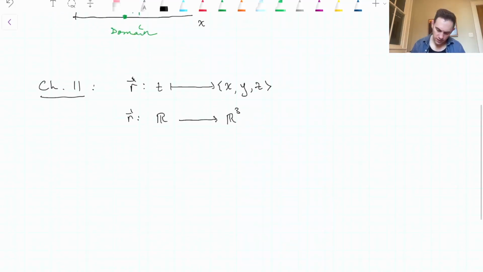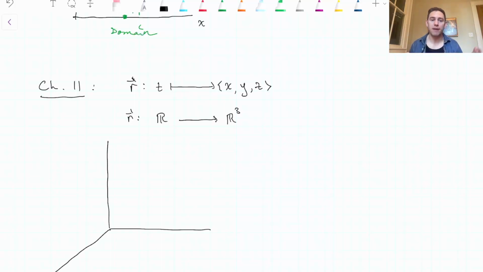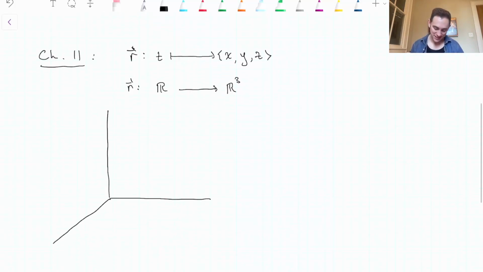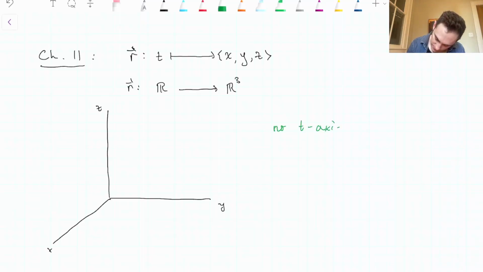The idea here was a little bit different. We had to think slightly differently in that all 3 of my visualizable dimensions, x, y, and z, were all dedicated to output. None of the domain was visible here. There's no t-axis. So the domain is not visible.